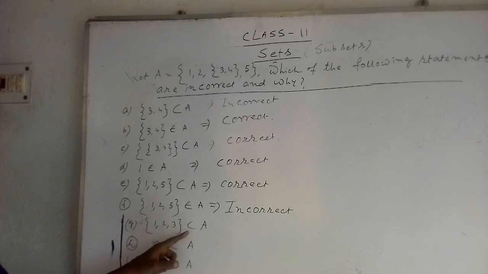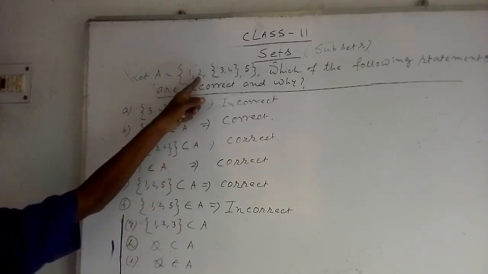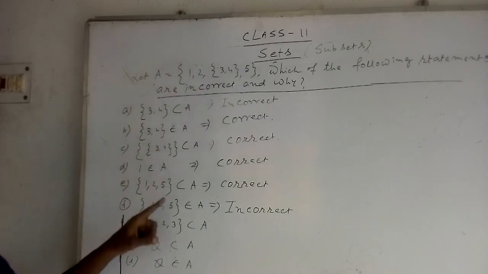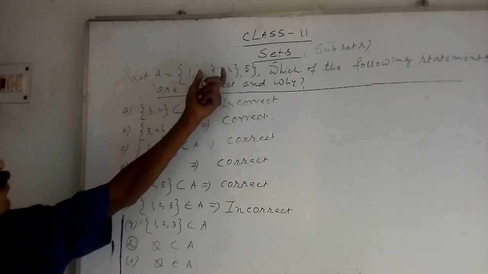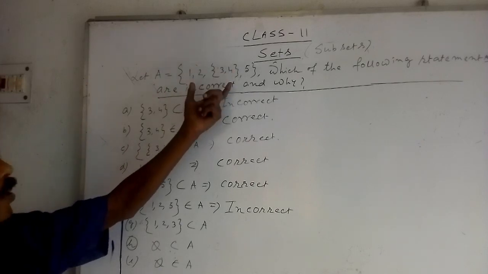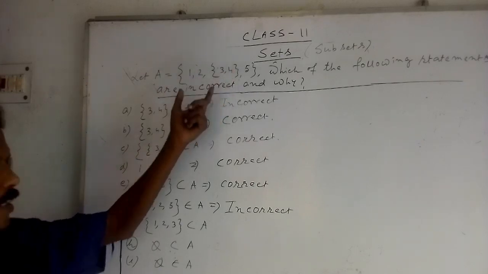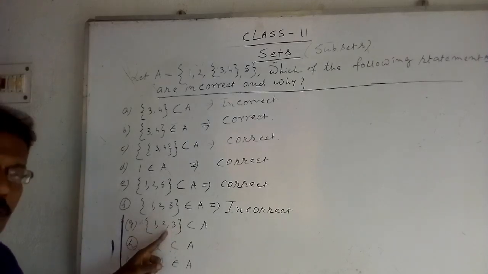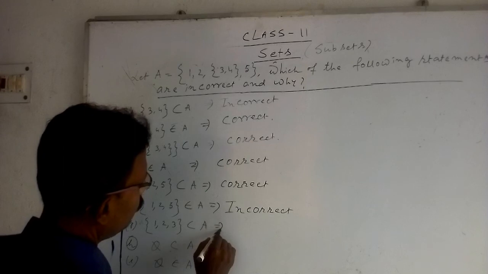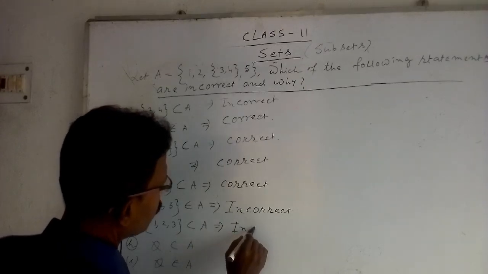G, {1, 2, 3} is a subset of A. Now 1, 2 belong to this set A, but there is no element 3. Actually the element is {3, 4} within a bracket. There is no free element 3. Therefore this is a wrong statement. Incorrect.